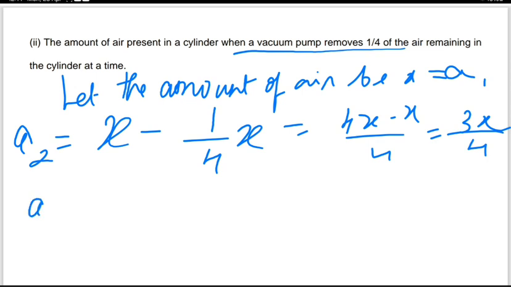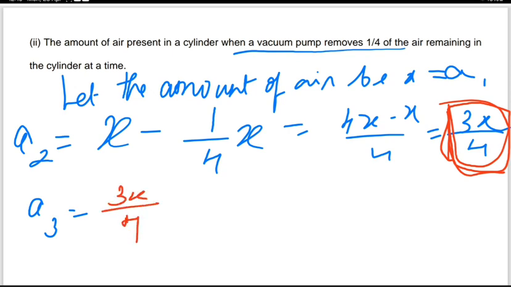If you go for the third term, presently 3x by 4 is the total air present in the cylinder. Now again when the vacuum pumps, 1/4 of the air is removed, that is, 1/4 of 3x by 4, because after removal only 3x by 4 is present there.